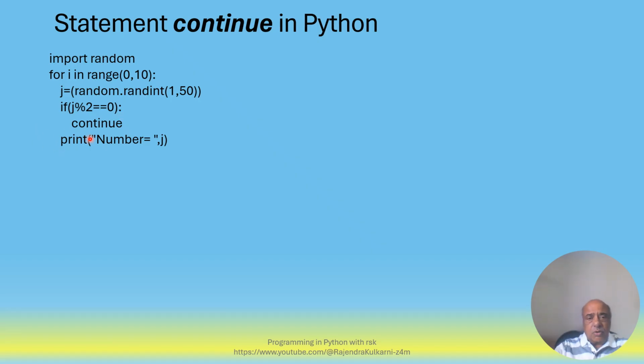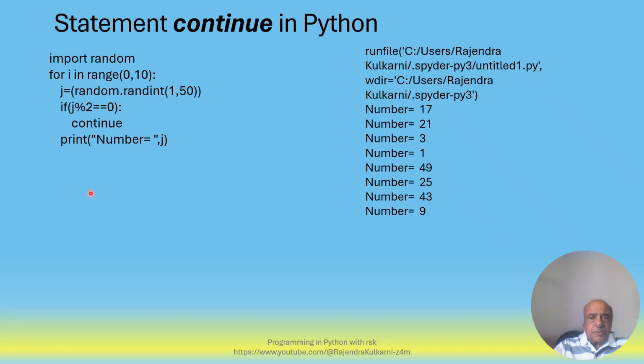That means we want to print the numbers which are odd and which are generated between 1 and 50 when the loop executes from 0 to 9 value of i. So these are the numbers generated which are odd and printed. If you count, these are 8 numbers, generated for the various iterations of the loop between i equal to 0 and i equal to 9.